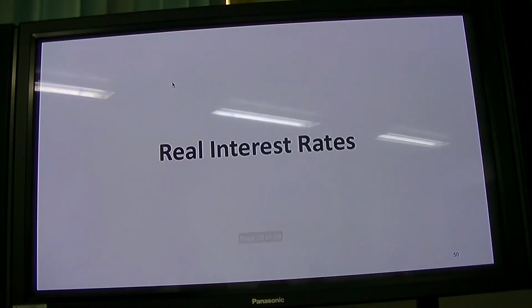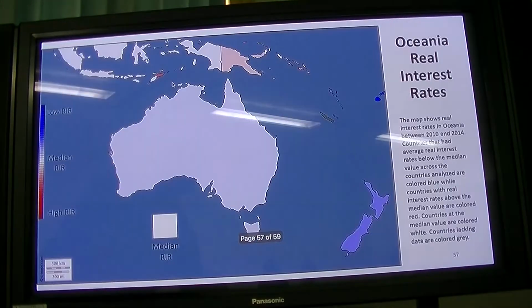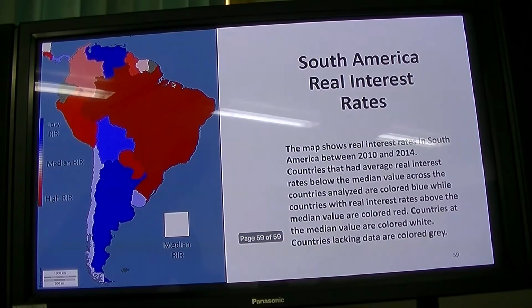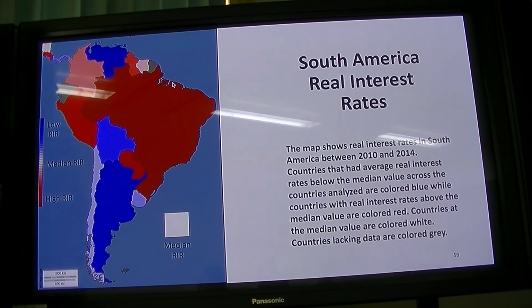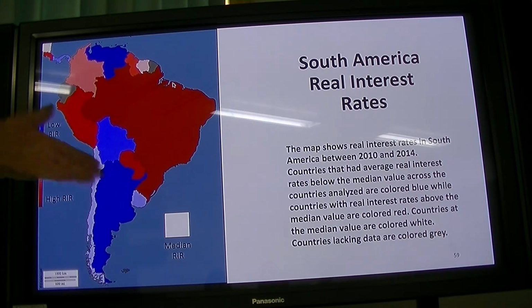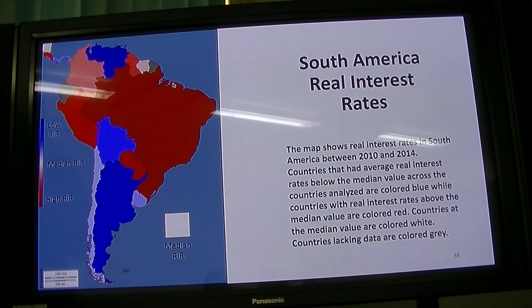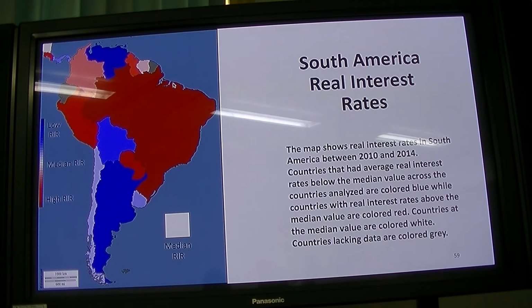The next thing I'm going to talk about, and we'll go into that next time, I'm going to send this to you. I want you to go over this. I'm going to talk about the real interest rates. The real interest rates have a lot to do with the attractiveness of a country. And the balance of payments and real interest rates actually tell us a lot about the country's relationship with the rest of the world.